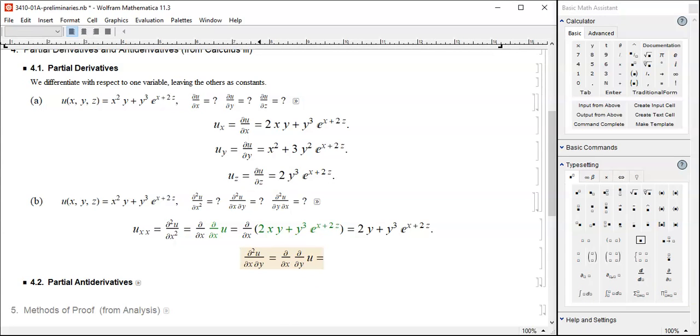We have to do this. So d squared u in the numerator, dx times dy, so it's this computation.